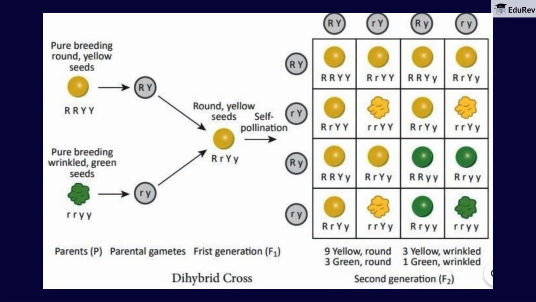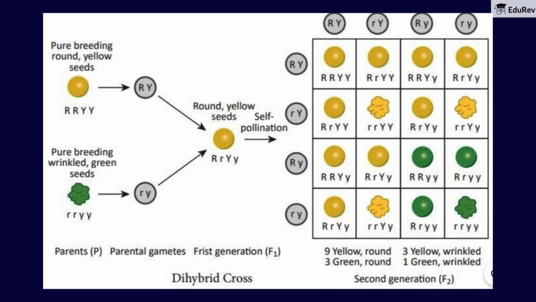Mendel studied two traits in pea plants: seed shape, round or wrinkled, and seed color, yellow or green. He crossed two pure breeding plants, one with round, yellow seeds and the other with wrinkled green seeds.